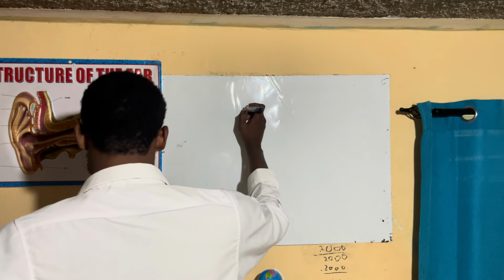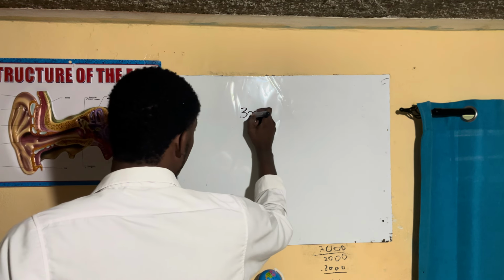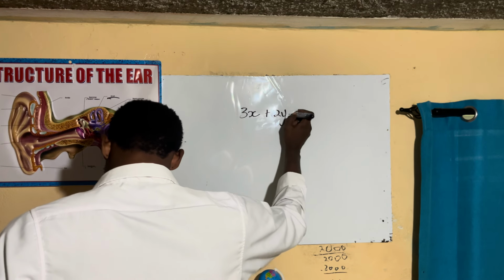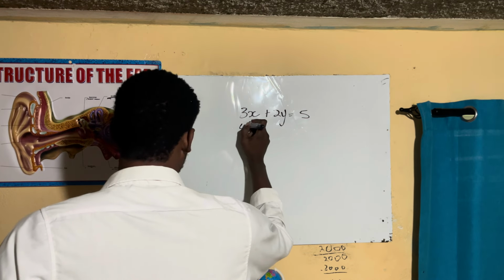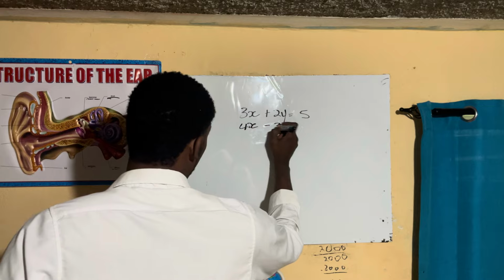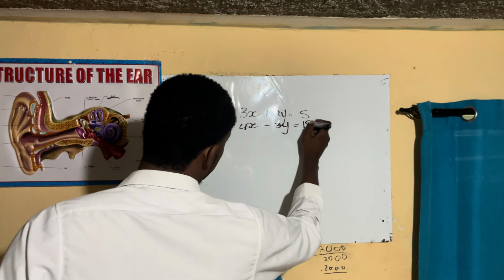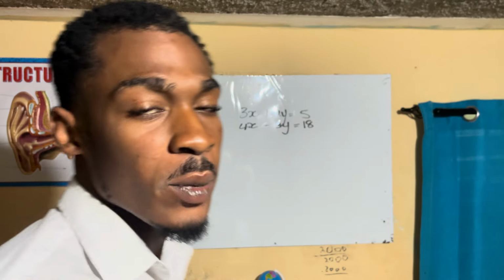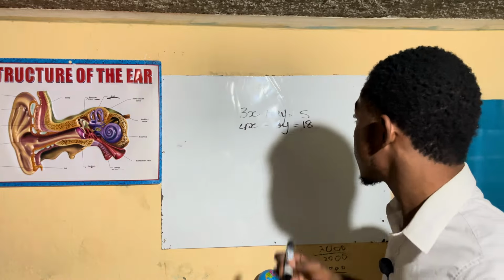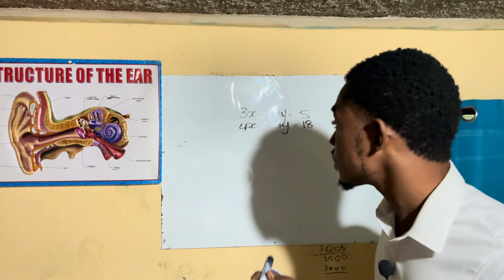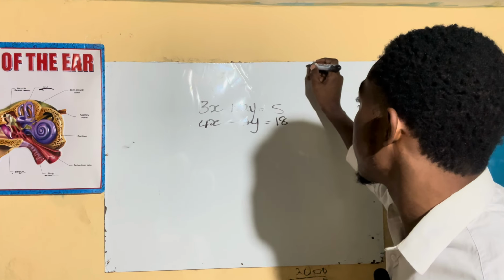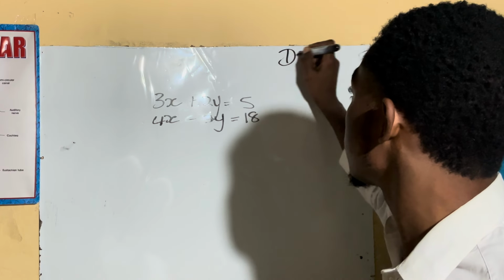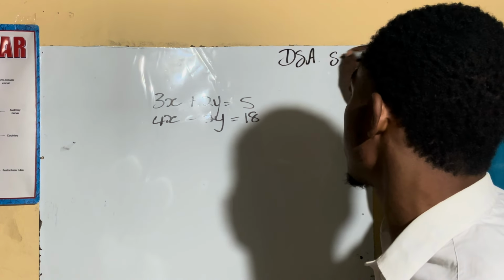So right here we have 3x plus 2y equals 5, and 4x minus 3y equals 18. Remember what I taught in the last video, but if you haven't watched it, I'm going to write up the different abbreviations right here.